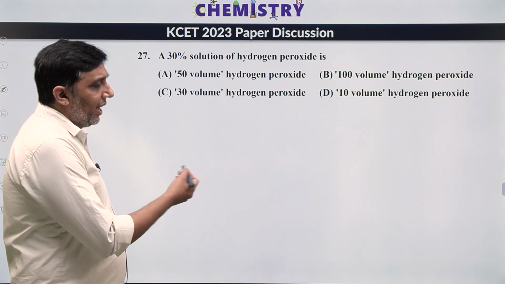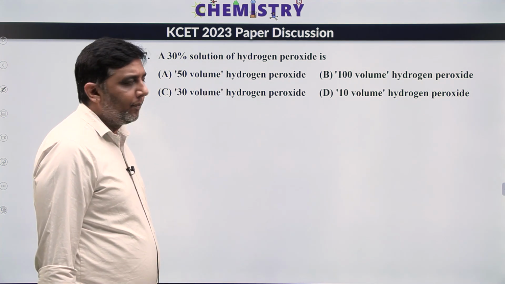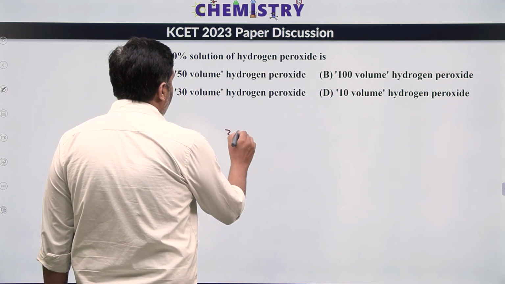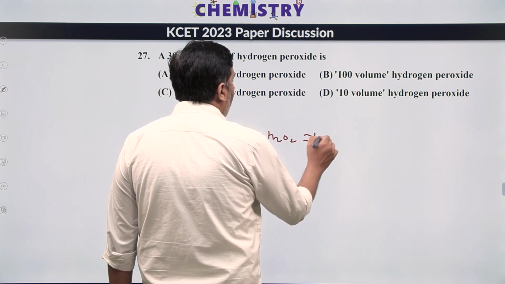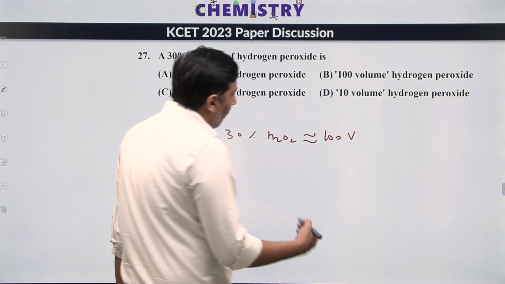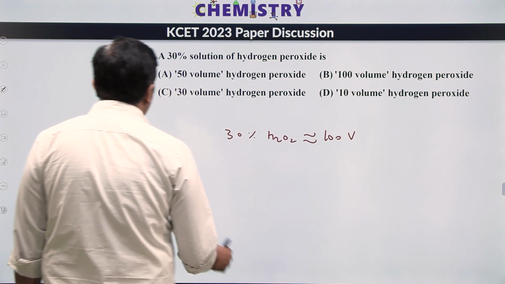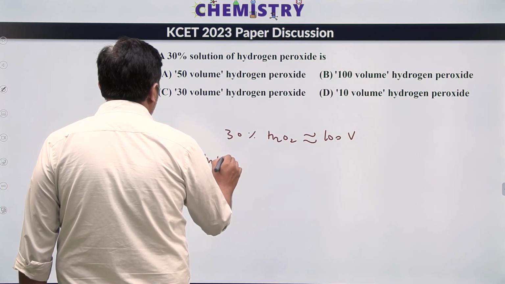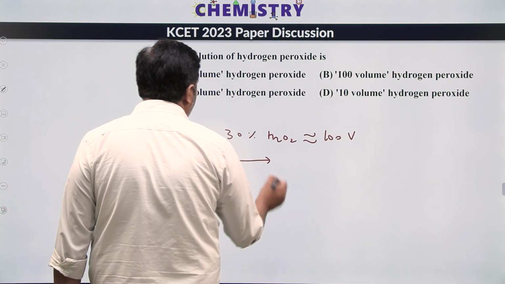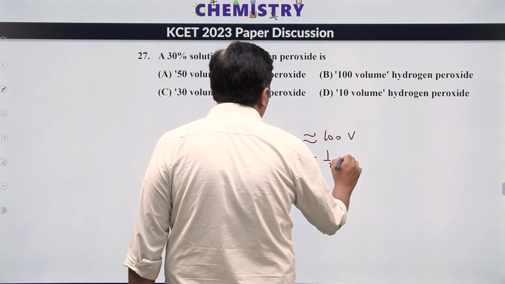Now this is also directly from the NCERT lines only. The volume strength of hydrogen peroxide: usually a 30% solution of hydrogen peroxide corresponds to 100 volume strength. What is the meaning of this? It means that H2O2 decomposes to give H2O plus half O2.